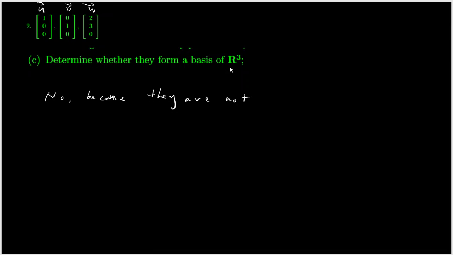Again, you just mention at least one of the two conditions is not satisfied, then the answer is no. Actually, we have seen u, v, and w are linearly dependent, right? I do not want to make the thing too complicated. So the answer to C is no. So we are done with question C.